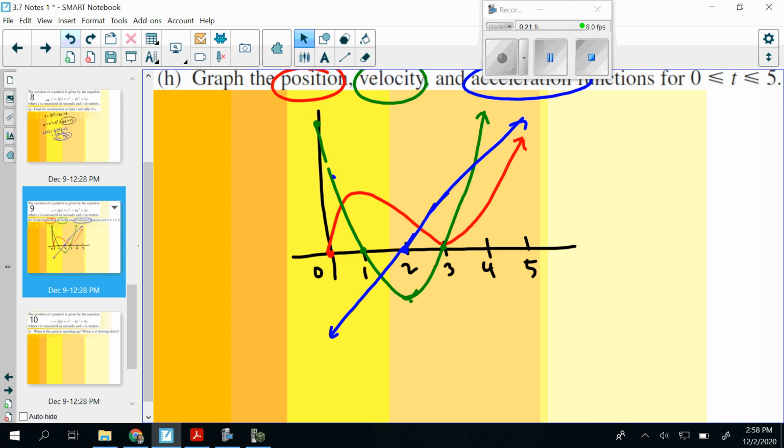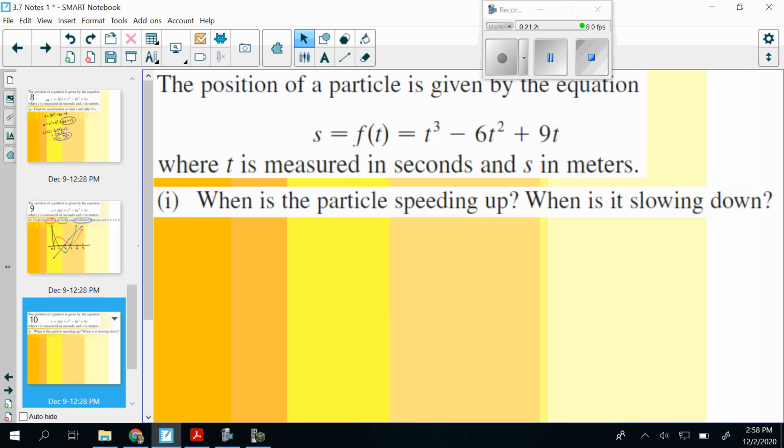Okay, keep going here. When is the particle speeding up? When is it slowing down? So when doing these ones, things are said to be speeding up.